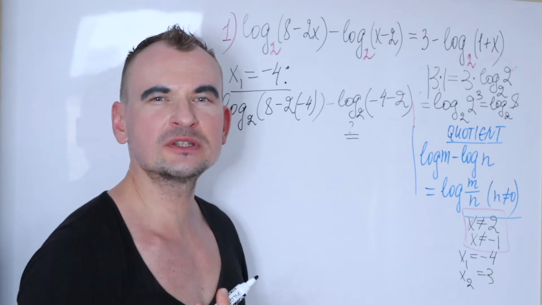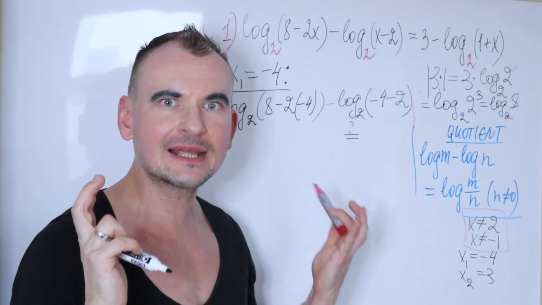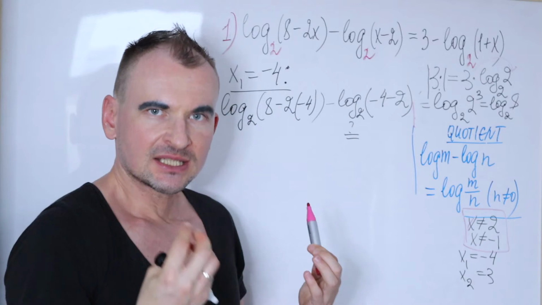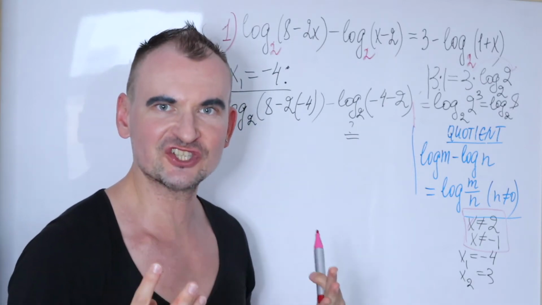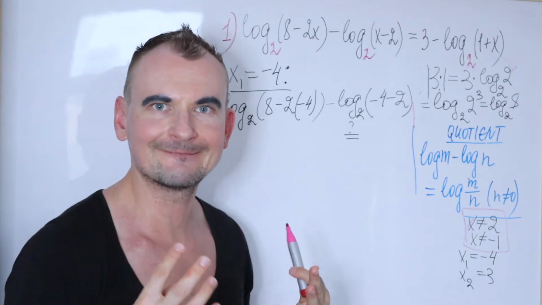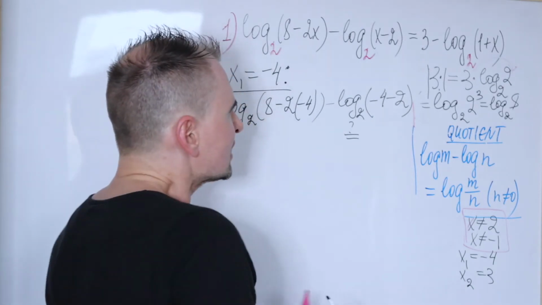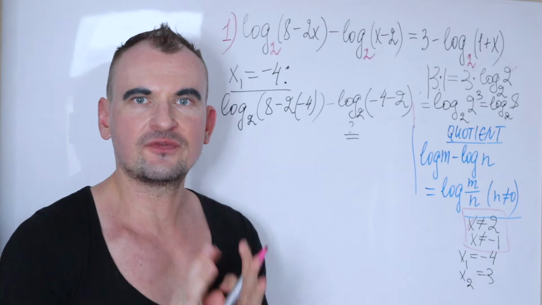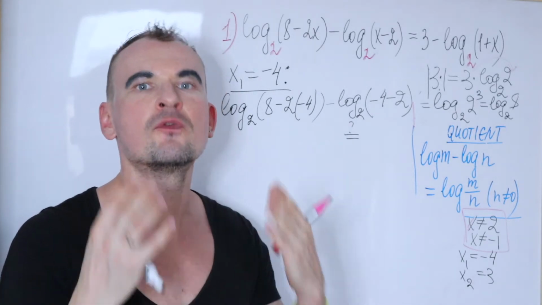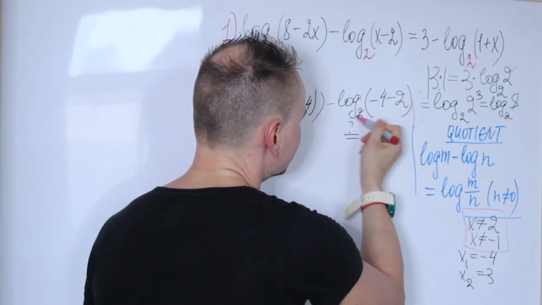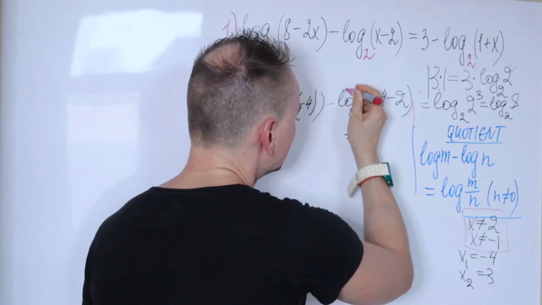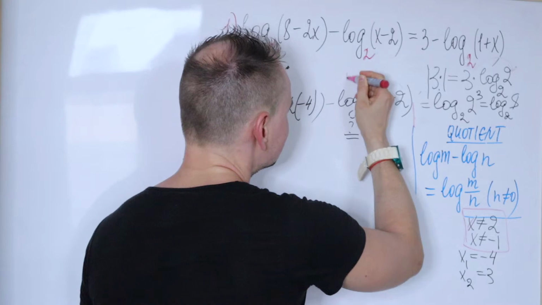And at this point I would stop. For me it's kind of a red flag that indicates that this log does not exist. It's undefined. It's nonsense. Since log is always defined for the positive value of your argument. So since you have a negative number as an argument, this one is undefined.